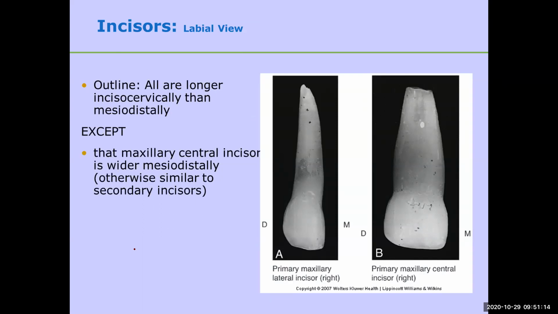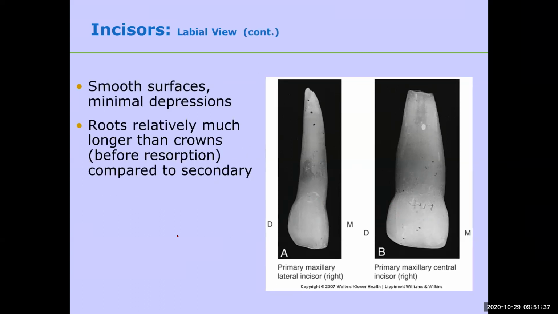For the deciduous incisors, they are longer incisal cervically than mesiodistally, except the maxillary central incisor. This is something I'm not forcing you to remember, but that maxillary central incisor is pretty wide. They're smooth surfaces with minimal depressions. Their roots are, in comparison, longer for that crown to root ratio when compared to the permanent.